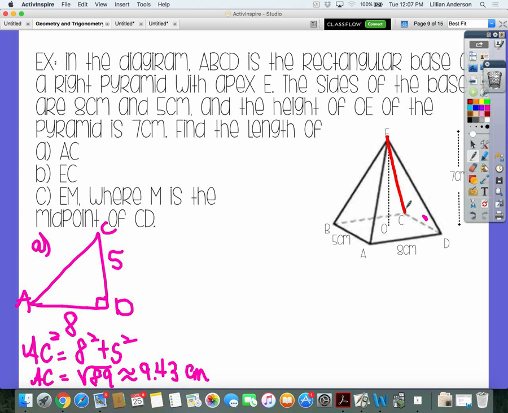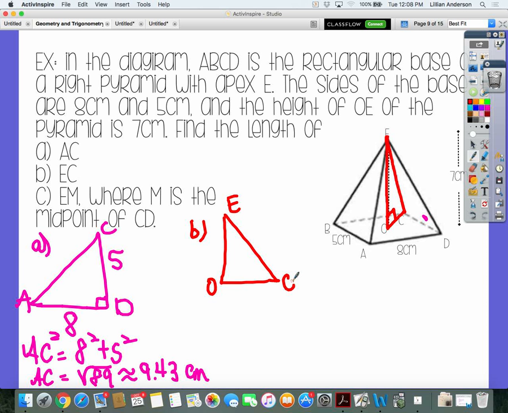Now my question is, what is the other point on this right triangle that you used? Oh, very good. It was this triangle right here. You thought C was the middle?